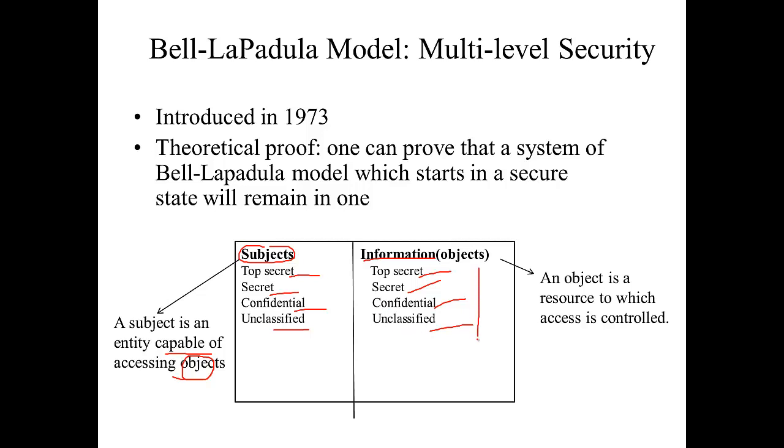Also, we have 4 levels here. The definition of an object is that it is a resource to which access is controlled. Okay? For example, in your system, the files are the objects. If there are 100 files, then you have 100 objects.